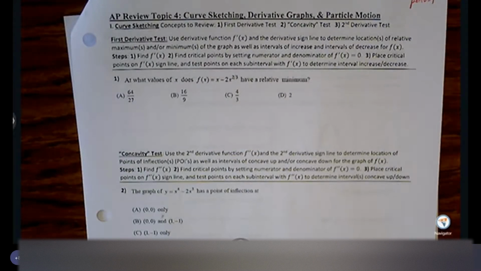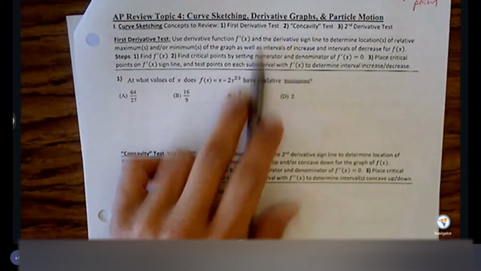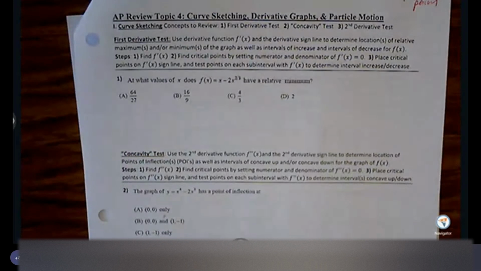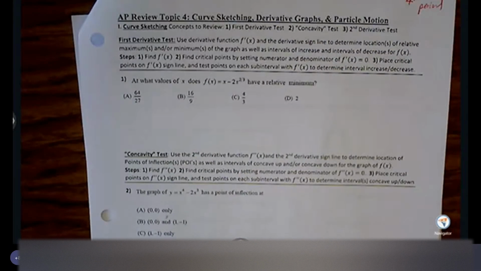It's more gathering information about the graph, right? With the first derivative test, we're going to be able to gather information about where the graph is rising, where the graph is falling, where there's a relative max, where there's a relative min. For the concavity test, we're going to go to the second derivative function, gather information about points of inflection, where the graph is concave up, where the graph is concave down.